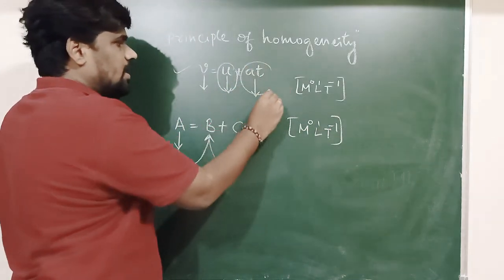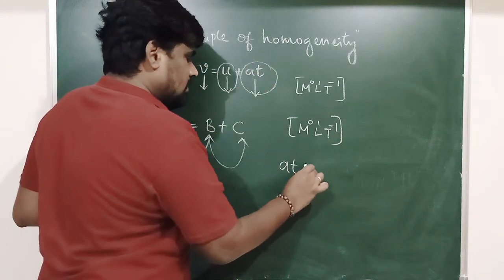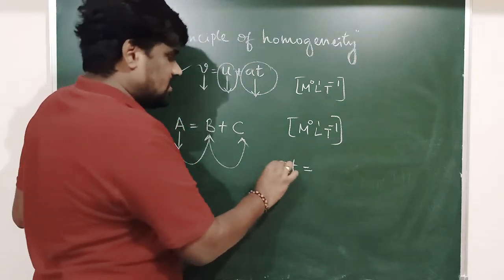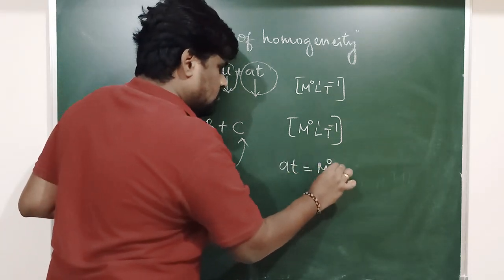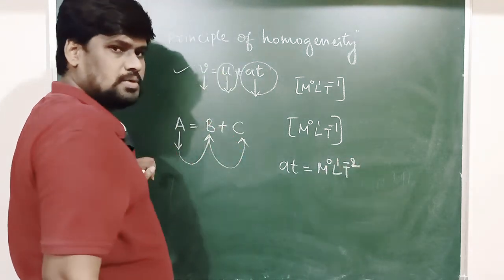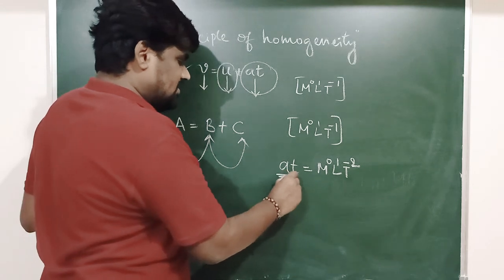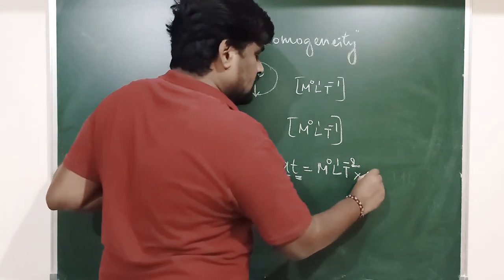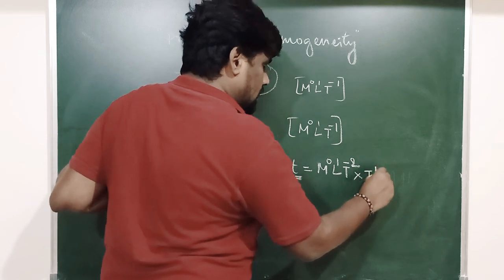Next term we have? AT. What is AT? A is called acceleration and T is called time. Acceleration dimensional formula m0 L1 t power minus 2. What is the dimensional formula of time? Time dimensional formula is t power 1.